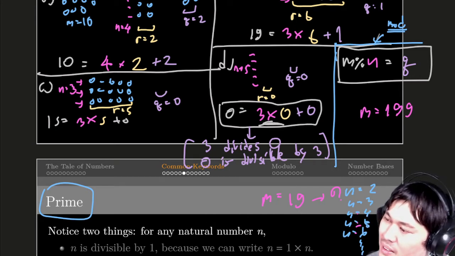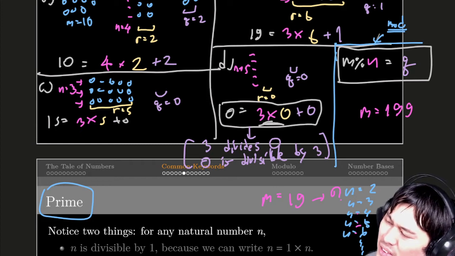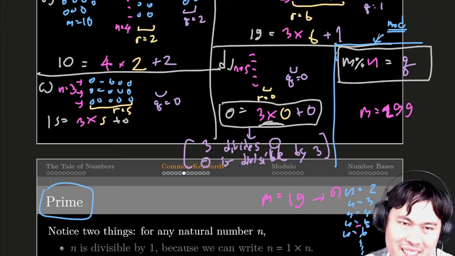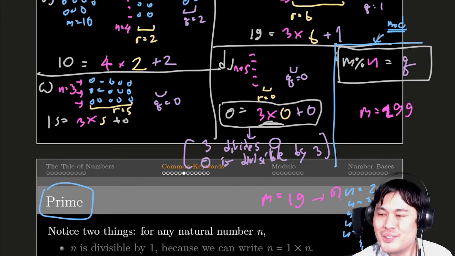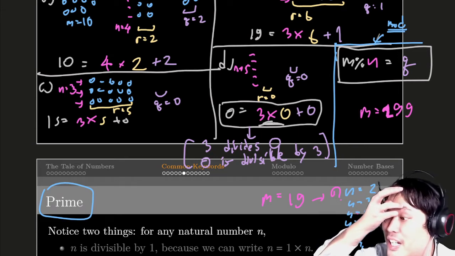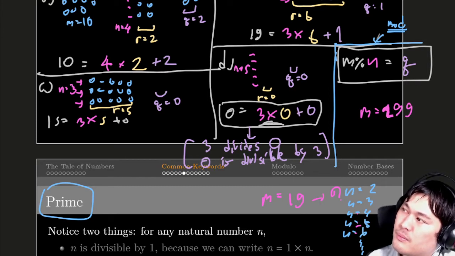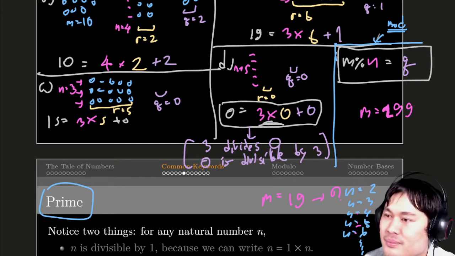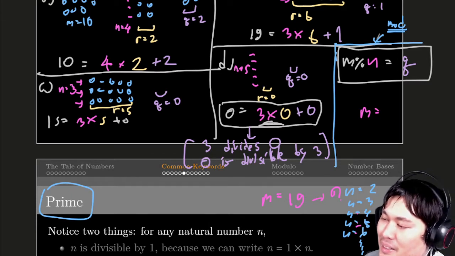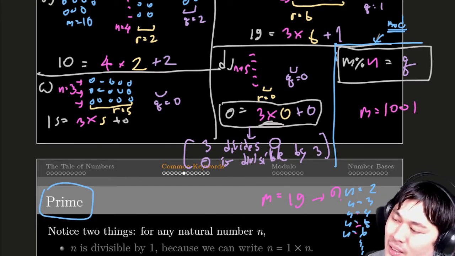Maybe 299? And then there's another number that looks difficult to find, but you can actually find. Sorry, I'm not prepared. But let's try 1001.